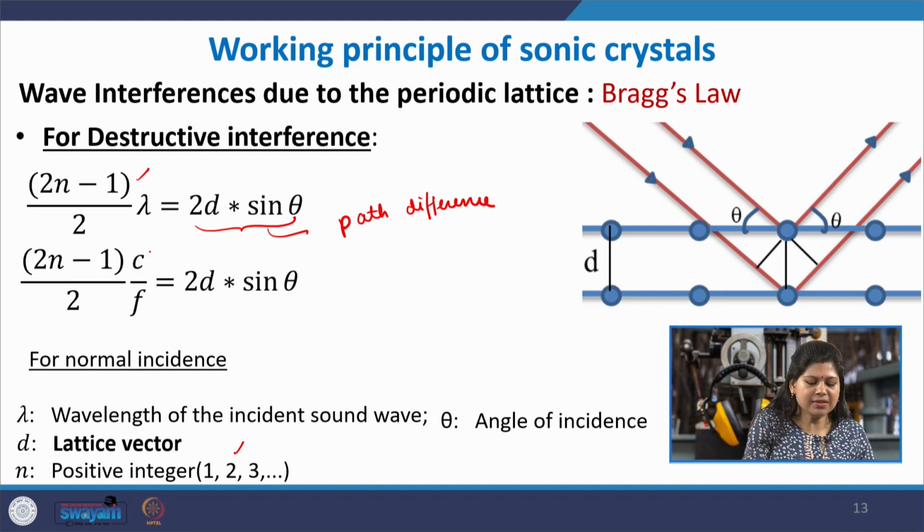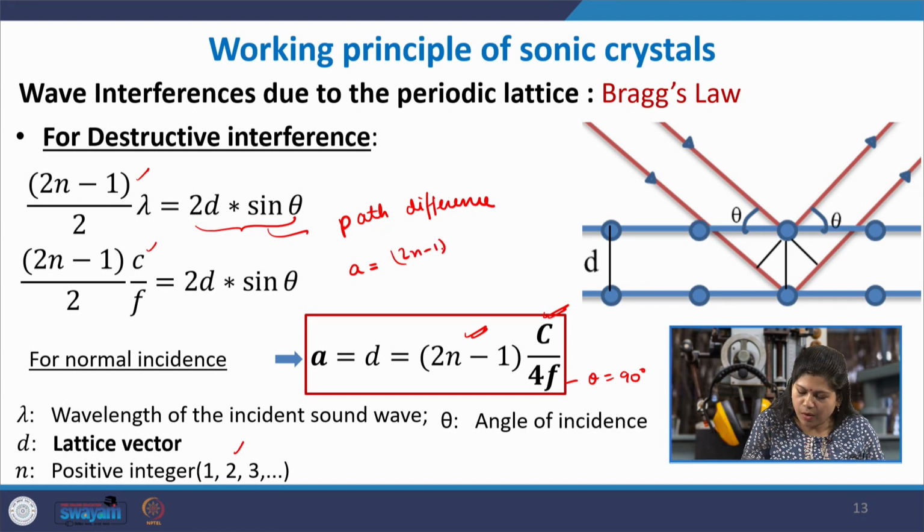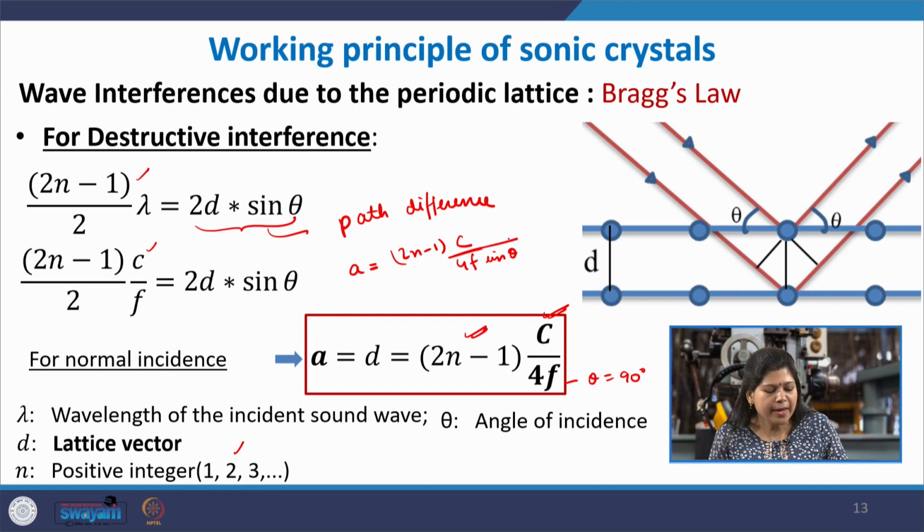So, you can replace the lambda by c by f, then this is the condition you get. Again, for normal incidence, the periodicity would be an odd multiple of c by 2f. Okay. This is for normal incidence where theta is equal to 90 degrees. For a generic case, the periodicity would be an odd multiple of c by 4f sin theta. Okay. So, this is the condition for a destructive interference.